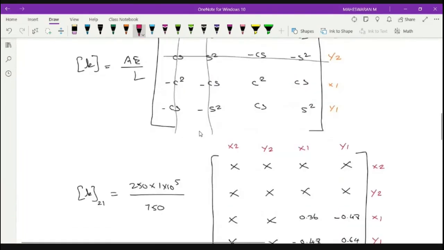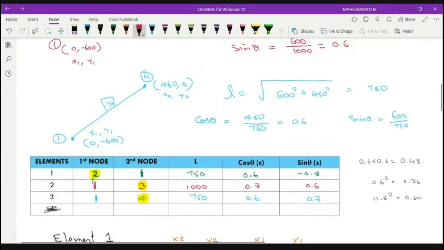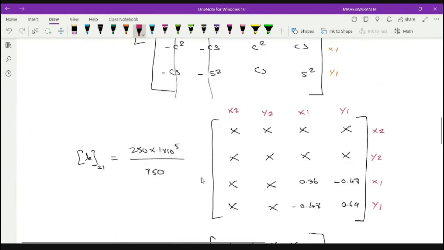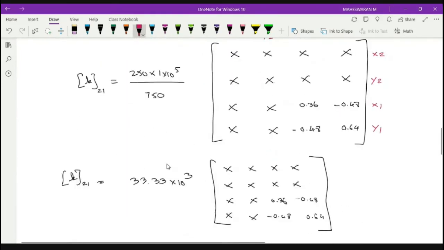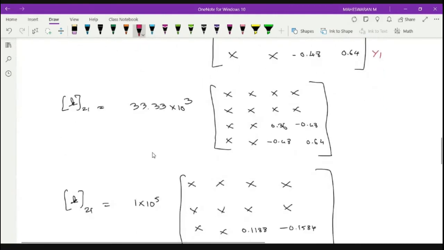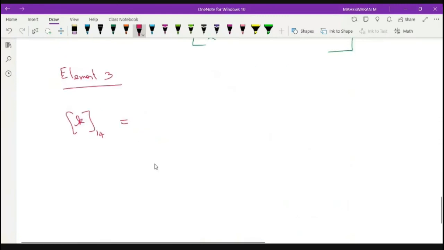A and E are common terms, which means the same data as element 1. Element 1 has L as 750, right? Same data, which is 250 into 10 power 5. So you are getting around 33.33 into 10 power 3. So that will be my common term. Let me write that. 33.33 into 10 power 3 into your matrix, right?